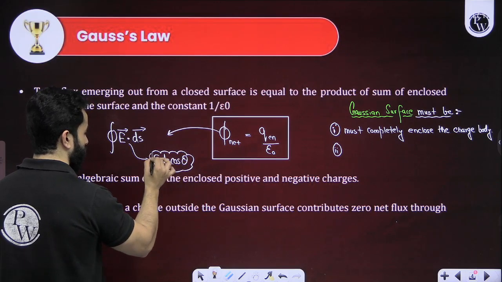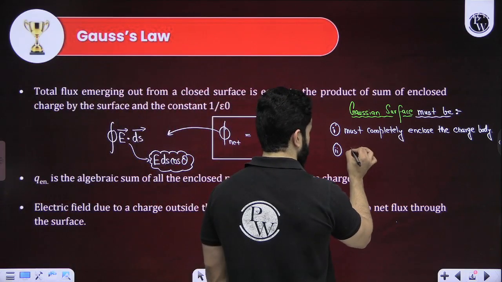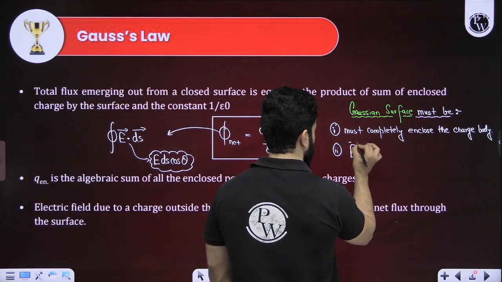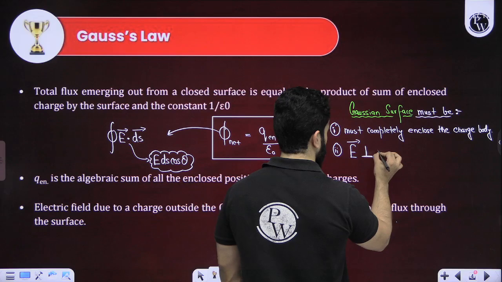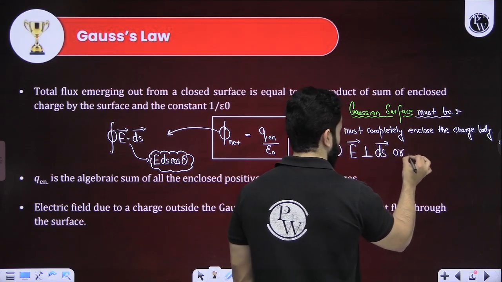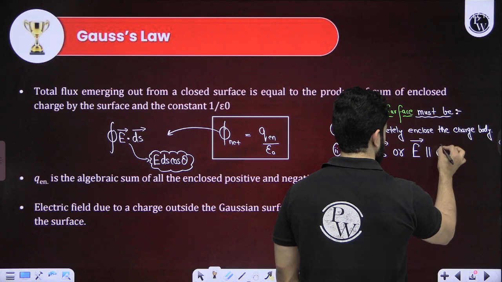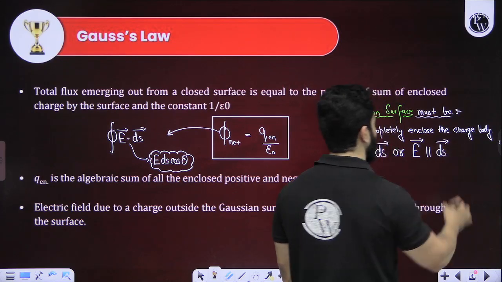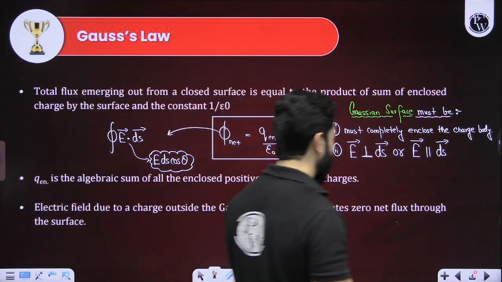So this angle theta, that means electric field must be either perpendicular to ds or electric field must be parallel to ds. This would be the best case. That means the angle must be the same.